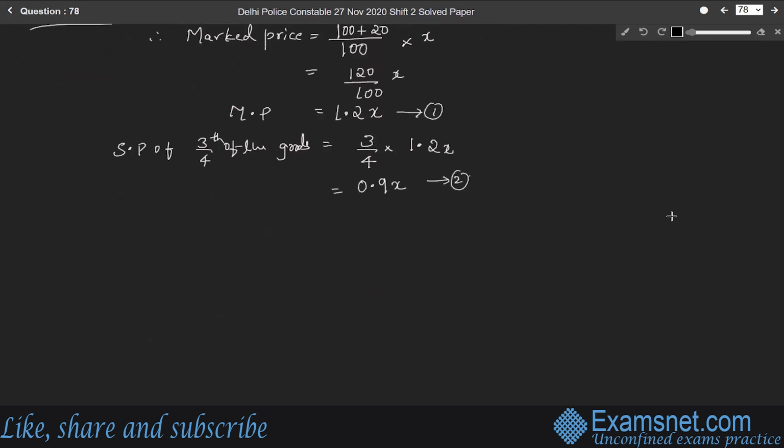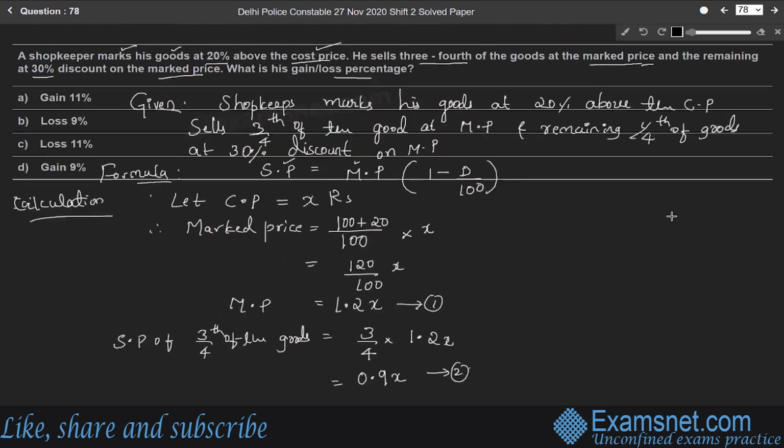Right. Now, selling price of remaining 1/4 of goods. Come back to the question: the remaining at 30% discount on the market price. Side by side, we'll calculate what is 30% discount on market price.